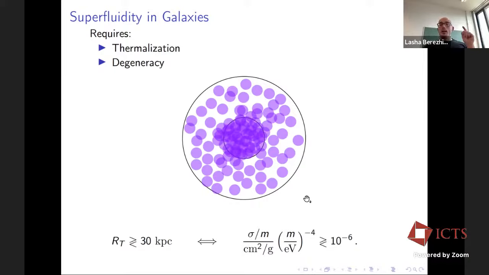Important point here is that this is only possible if particles are highly degenerate in most of the galaxy, which is important because the interaction rate in that case gets additional bosonic enhancement factor, which are technicalities and no reason to go into at the moment. But the idea is that the relation between interaction rate and the cross section gets additional boost by the degeneracy factor for degenerate bosons.